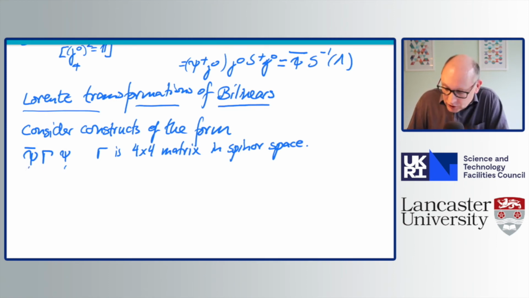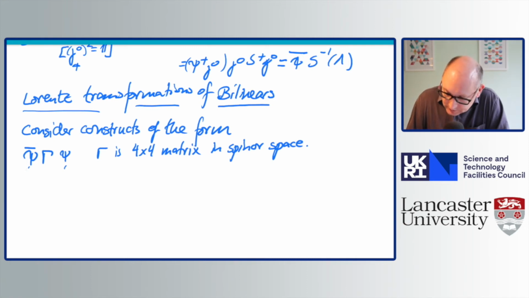So we want to show that for any matrix gamma, psi bar gamma psi can be decomposed into a set of bilinears, which each have a definite transformation property under the Lorentz group. So no matter what gamma is, we can decompose it into psi bar, some gamma mu for example, psi, some other gamma mu's, and each of these decompositions will have specific properties under transformations by the Lorentz group. So a vector, axial vector, etc.